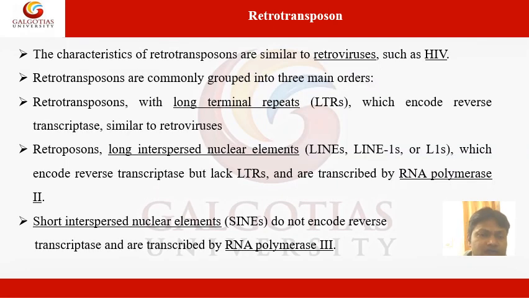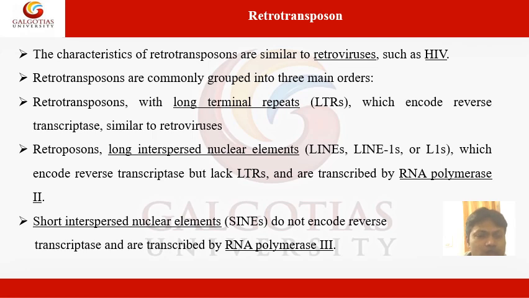The characteristics of these transposons are similar to a retrovirus such as HIV, and retrotransposons are commonly grouped into three main orders. These are the retrotransposons with long terminal repeats, represented as LTRs, which encode the reverse transcriptase similar to the retrovirus.